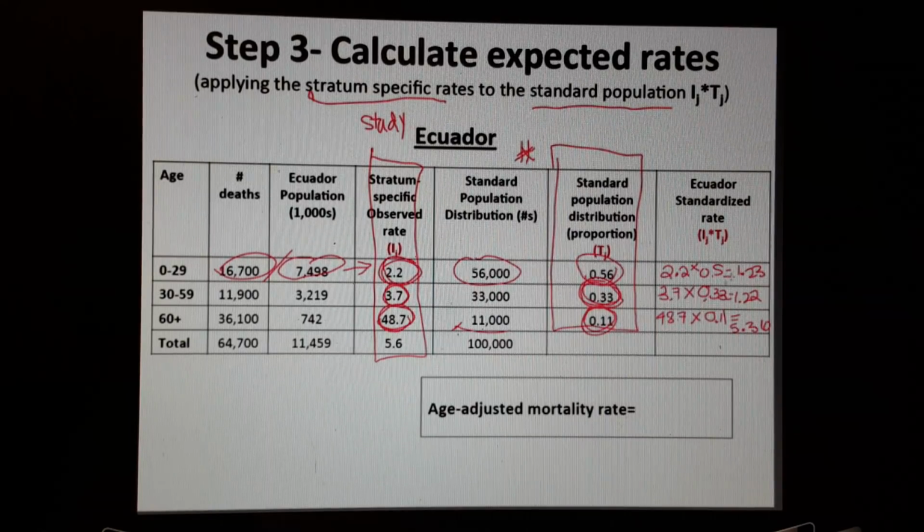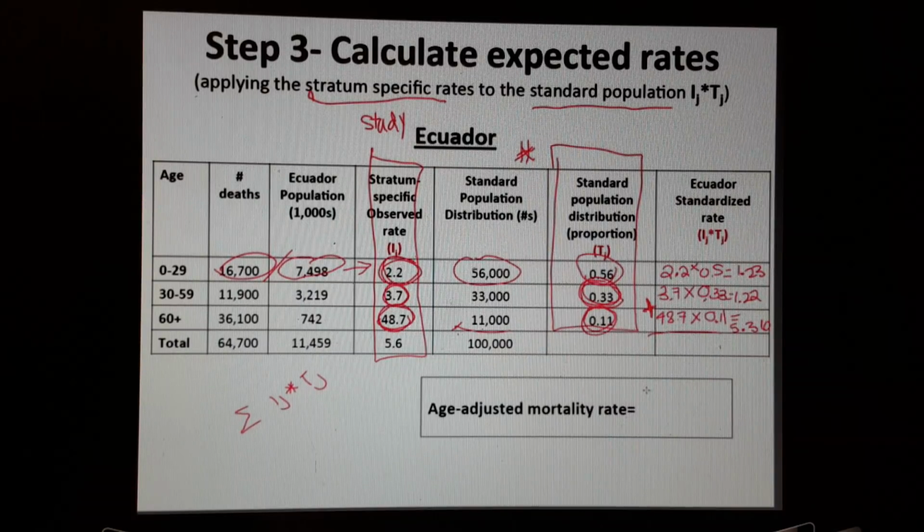Okay, so now what we have to do to get the age-adjusted mortality rate is you just have to add all of these up, because it's a sum. Remember, it's just the sum of I_j times T_j for each strata. So we have strata 1, strata 2, strata 3.